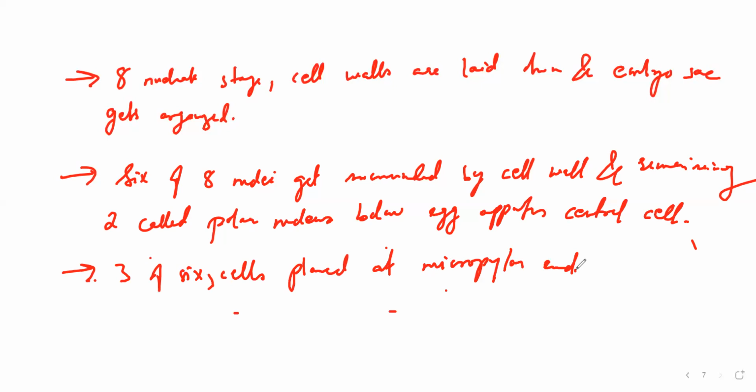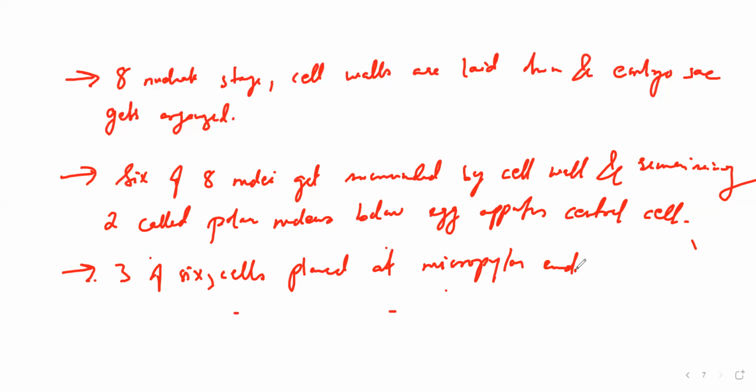Out of the 8, the 6 are surrounded by the cell wall. So you will have 3 at one end and another 3 at the basal end, and in between you have a central cell which contains the remaining 2 polar nuclei of the 8 nucleate stage.